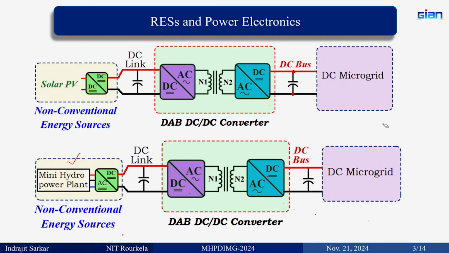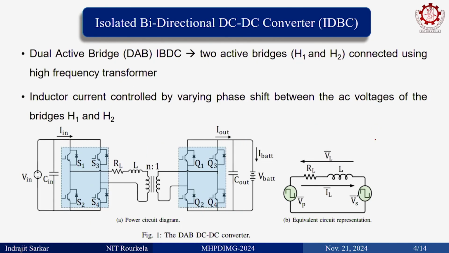So, today in simulation we have this DAB DC-DC converter, which you can run using any of the modulation techniques that I explained yesterday, SPS, DPS and TPS. This is the configuration I have in my simulation.